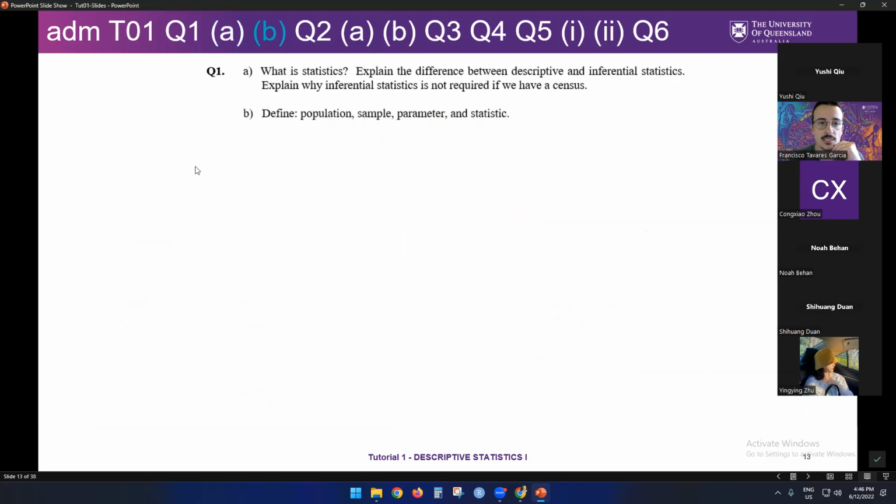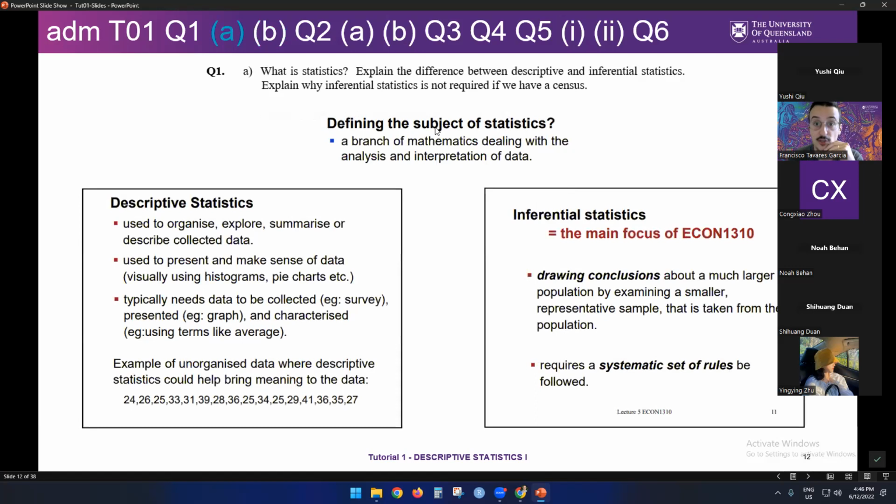So what is statistics? This branch of mathematics that deals with a lot of data. Descriptive, you get a lot of data, and okay, mean, average, minimum, maximum, median. You probably know the mean is the same thing as average, but median is a little bit different. And there we go. It's used to organize, explore, summarize and present data.